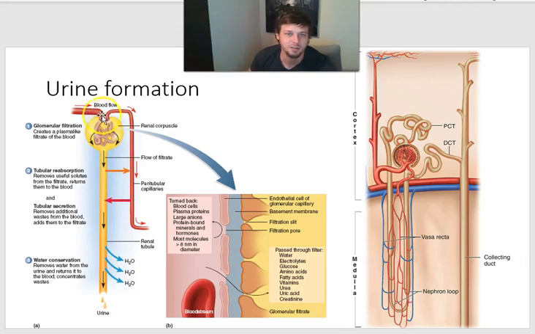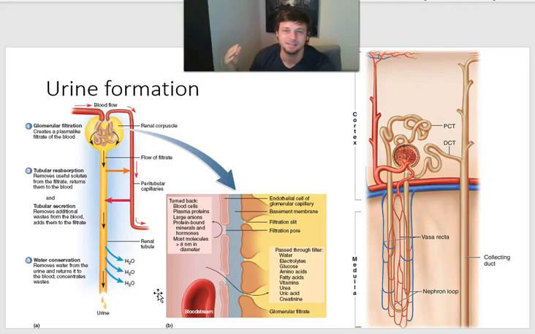There are these juxtaglomerular cells. These cells are found around the blood vessels just before the glomerulus, and they respond to blood pressure. If blood pressure is too low, they cause the kidney to release renin. Renin is a hormone that stimulates angiotensin, which goes through angiotensin 1, angiotensin 2.